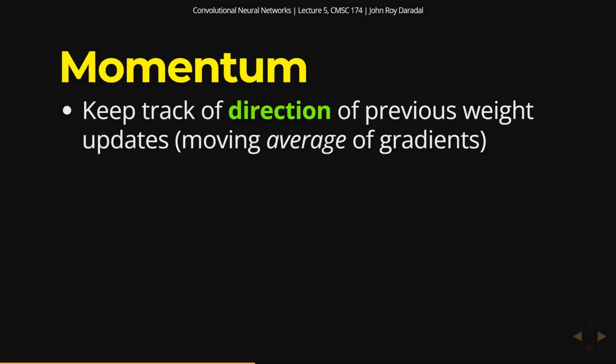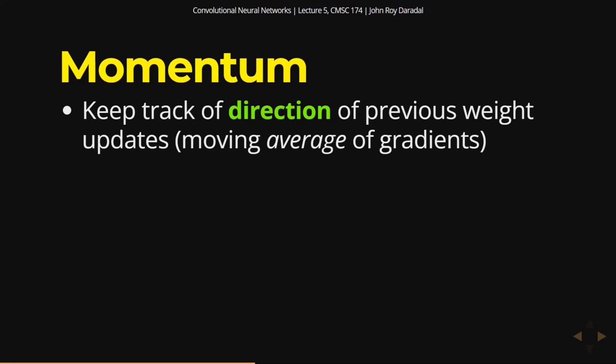If you've been going upwards for a long time now, and the next weight update wants you to go downward, then you will kind of hesitate, because you've been going upwards so far and then you're telling me to go down. Then maybe the momentum is stopping you from doing such a drastic change.